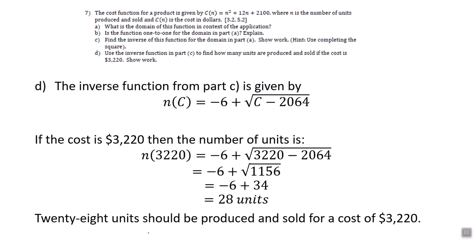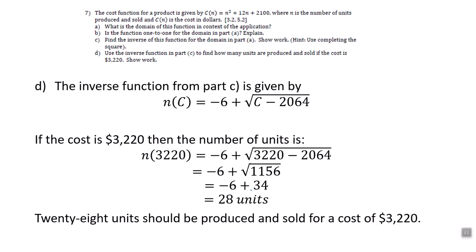Using the inverse function from part C, which I have posted here at the top, we want to find how many units are produced and sold if the cost is $3,220. So we'll put in our 3220, subtract 2064, so we have 1,156 underneath the radical. That happens to be a perfect square. It's almost like this is a review problem and that was planned.